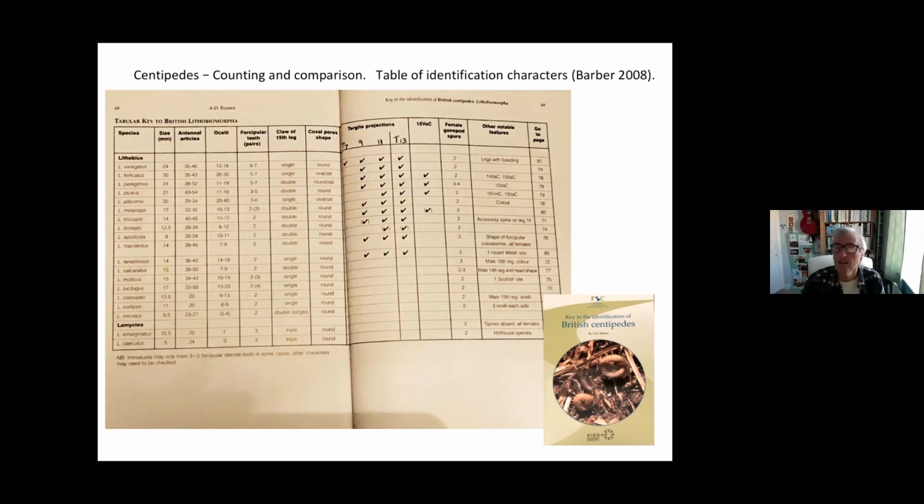Some can be recognized in the field with a hand lens, but it is really recommended to take voucher specimens wherever possible for closer examination. Some of the characters you're looking for are very small. Some of them need perhaps clearing with chemicals under a microscope so that you can actually see features more clearly. And the bottom line with centipedes is there's a lot of counting involved.